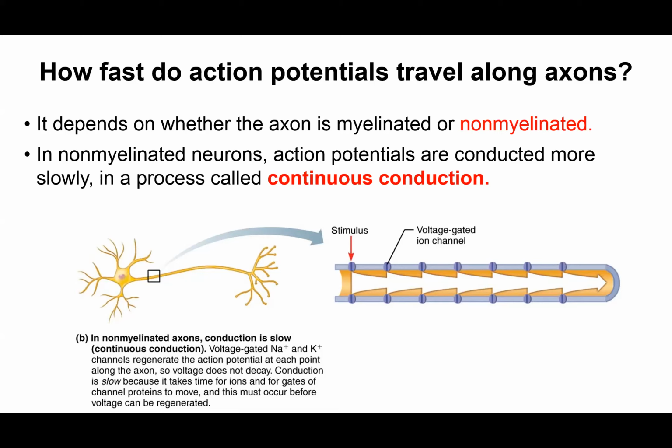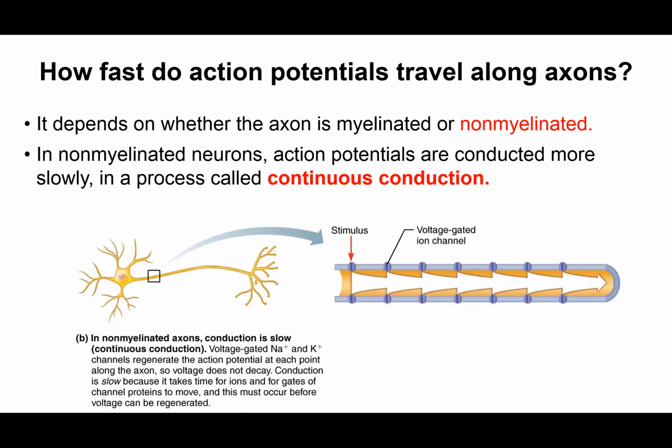In non-myelinated neurons, action potentials are conducted much more slowly in a process called continuous conduction. In continuous conduction, the voltage-gated sodium-potassium channels are regenerating the action potential at each point along the axon, so the voltage doesn't decay.